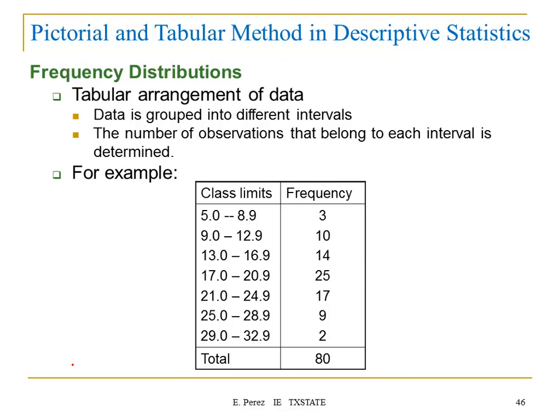The number of observations that belong to each interval is determined based on the interval, and then you count the observations within each class. As you can see, this table is telling you that most of your observations are within this range. Let's move to the next slide.